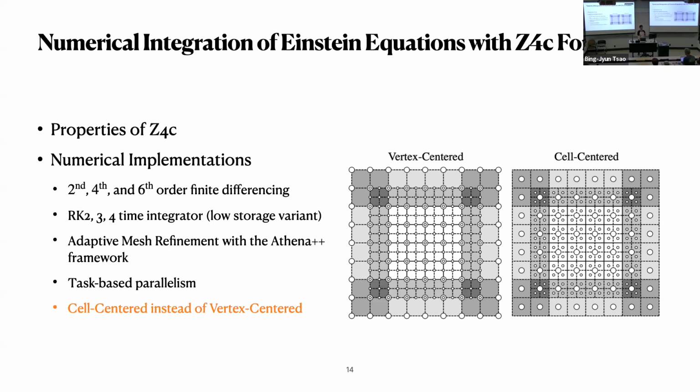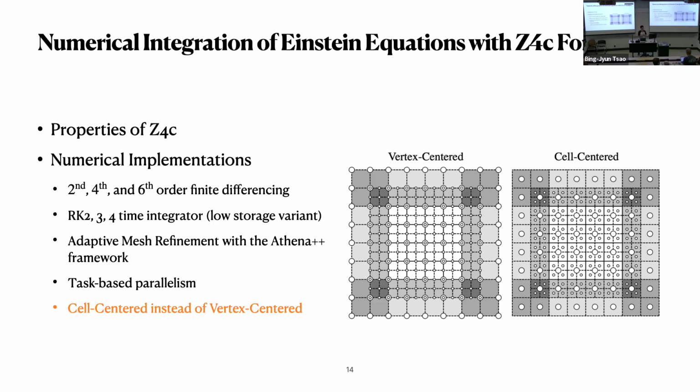We choose cell-centered specifically for easier coupling with the GRMHD. You need to calculate the source terms for the GRMHD, which are now conveniently located at the same location. And vice versa, when you calculate the stress energy tensor, they will be at the same location. So that will be a lot easier.